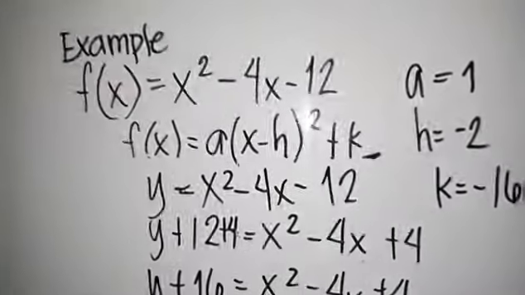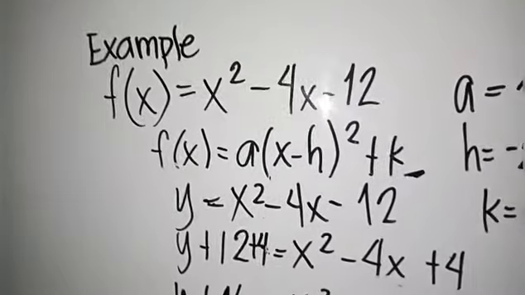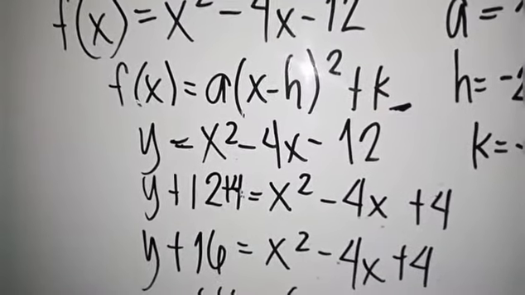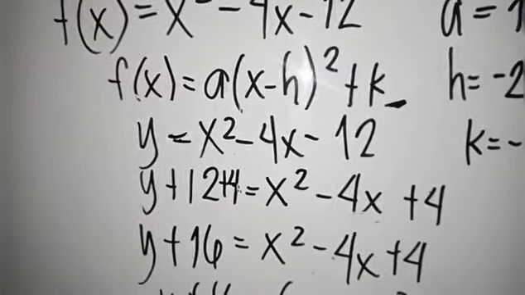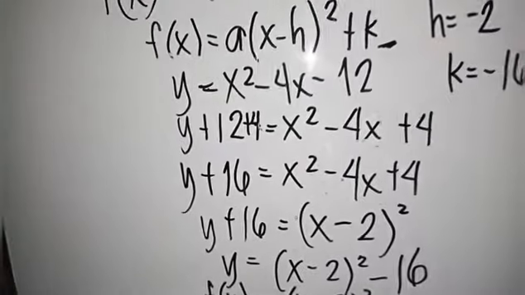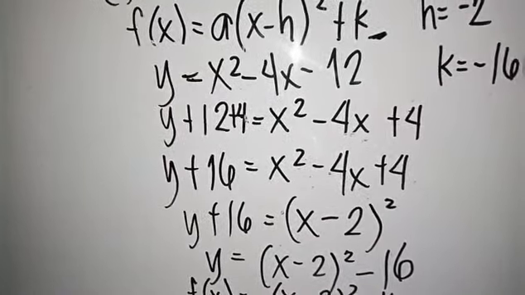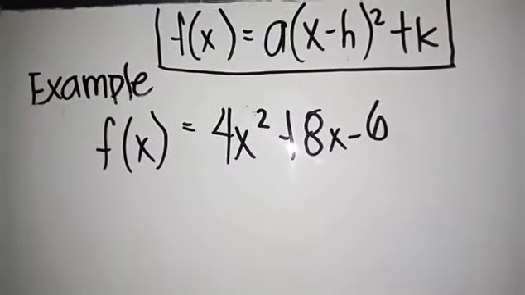So, yung k natin, we have negative 16. So, ganun lang i-write ng standard form of function in the form of f of x is equal to a times the quantity x minus h quantity square plus k. Now, let's have another example.